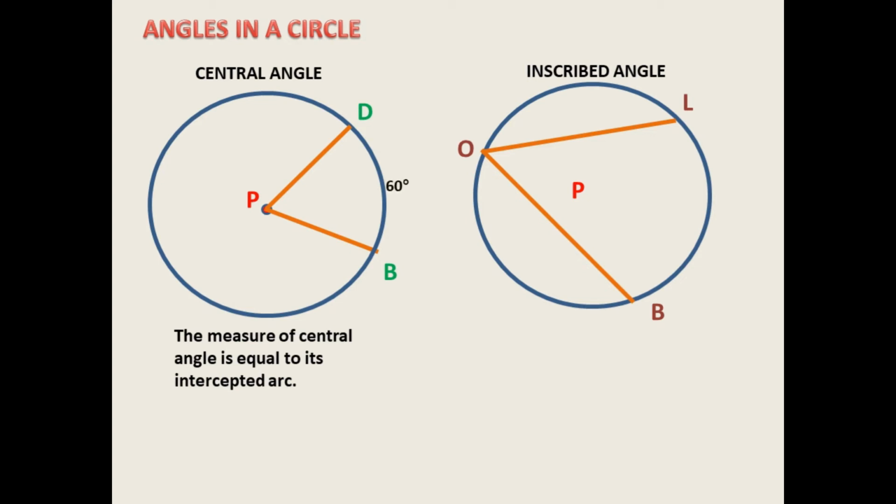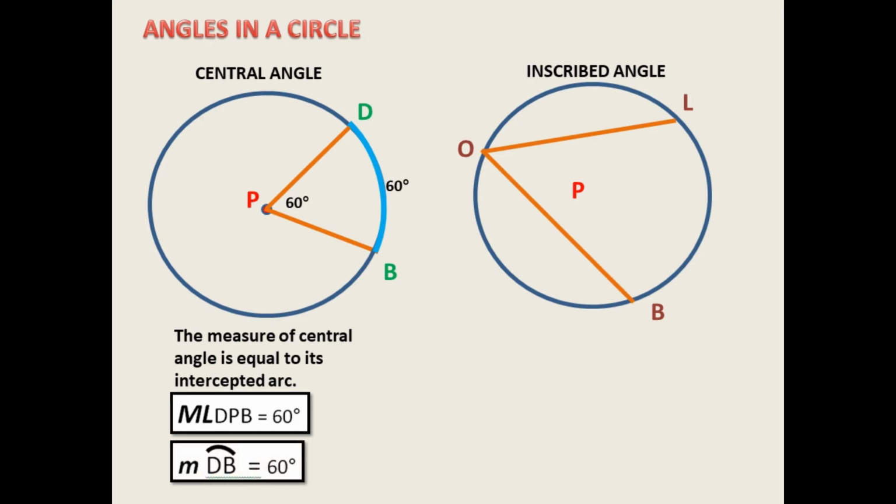So if the measure of arc DB is 60 degrees, therefore the measure of angle DPB is also 60 degrees. So they are equal. Or we can say that the measure of angle DPB is equal to 60 degrees, and therefore the measure of arc DB is equal to 60 degrees. That is vice versa, or the converse.